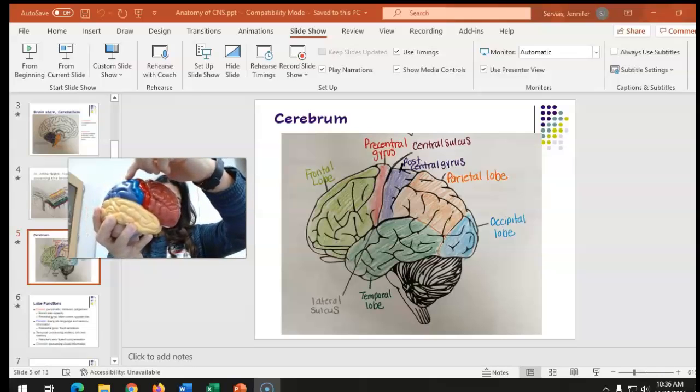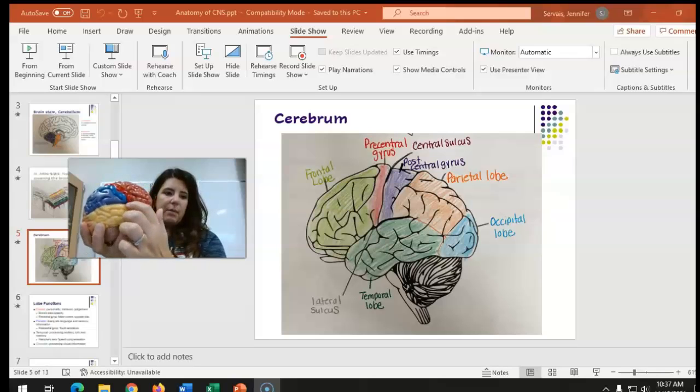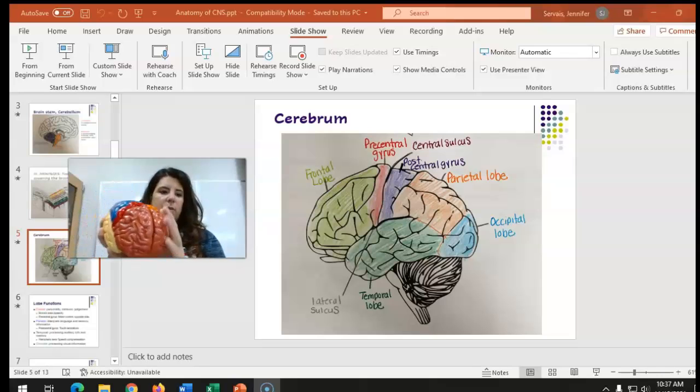Here's the postcentral gyrus. And then the groove that's going to divide those is the central sulcus. There's also a lateral sulcus, which will divide the frontal, parietal, and temporal lobes. That would be located right about there. And then the longitudinal fissure is going to divide the left and right halves of the brain.